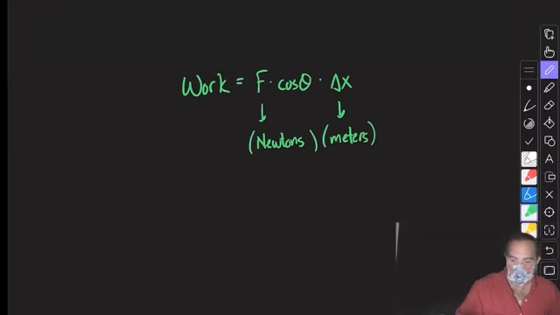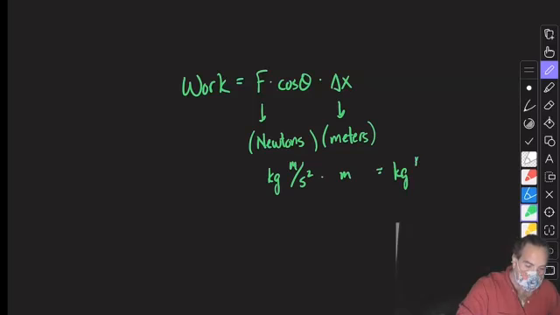So when you are doing work, the unit you have is a newton times a meter. Now, I told you units are weird in physics, so let's make sure we understand exactly how weird that is. That's kilograms, meters per second squared times meters. So this is actually kilograms, meters squared per second squared. It's a lot to take in, and we actually have a name for it.